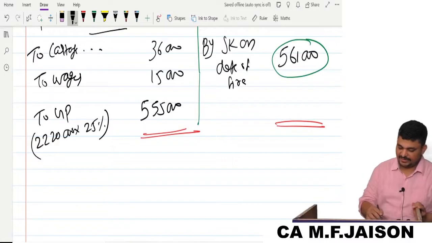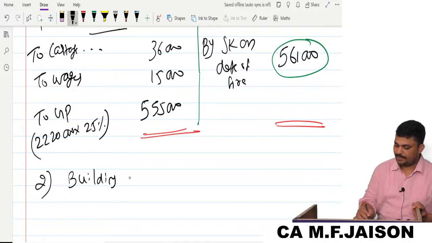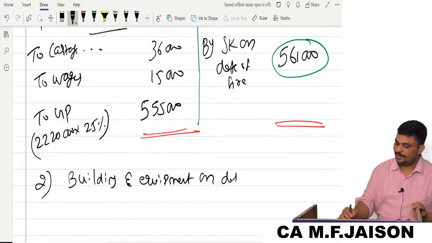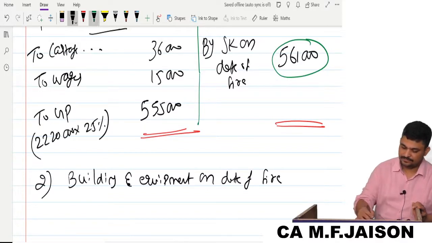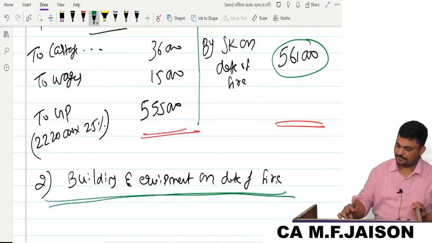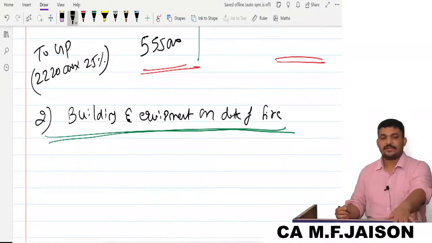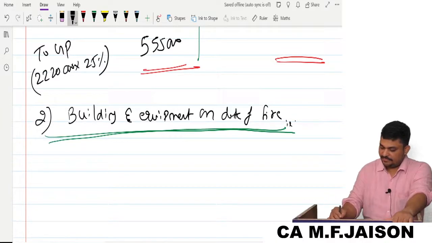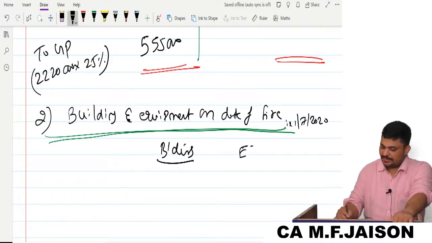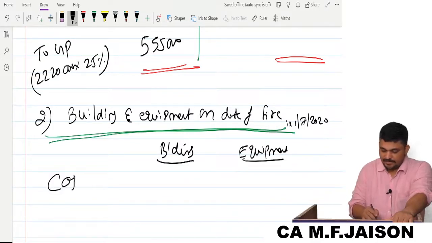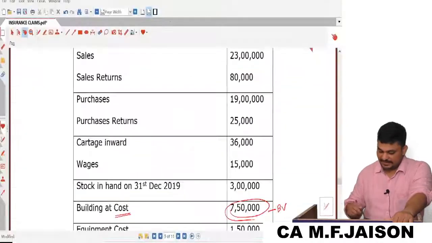Similarly, we'll also find out the next working, building and equipment on date of fire, that is by 1st July 2020. Now listen, my dear friends, we have building, we have equipment. What is the cost of these assets?